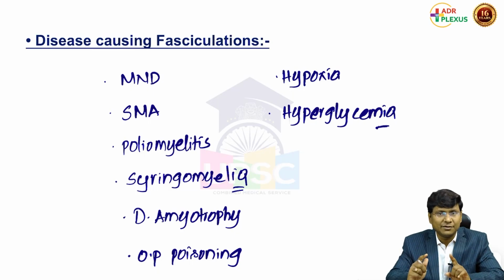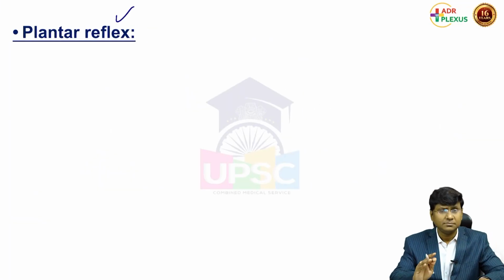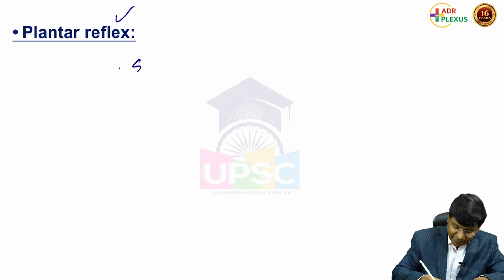And one more important part of the discussion here between upper motor neuron and lower motor neuron lesion is about the plantar reflex. See, the plantar reflex is a superficial reflex.